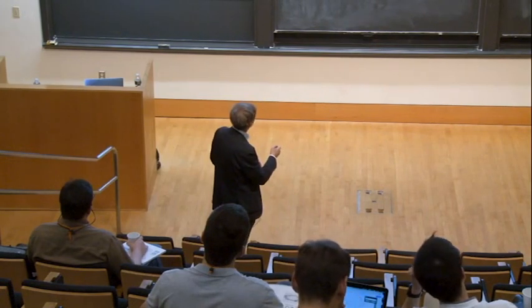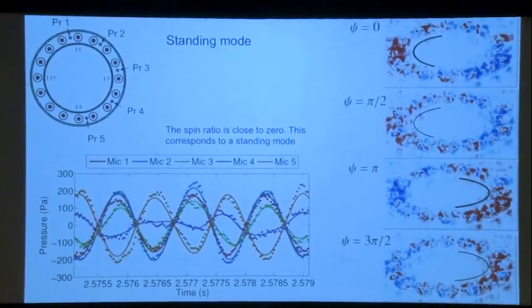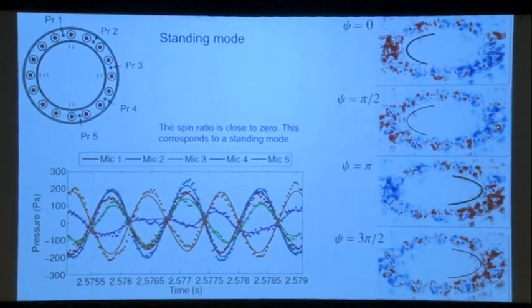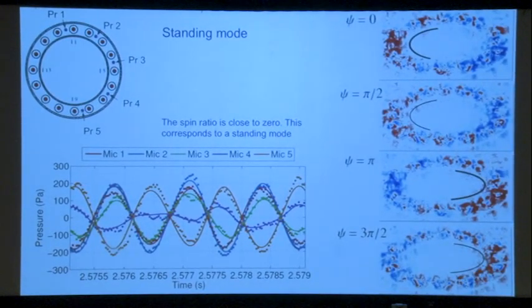So from that we can get the spin ratio, and then we can also analyze what goes on for a given situation, because what we see is that sometimes the system is standing, sometimes it's spinning, it moves around. It's not just purely standing.